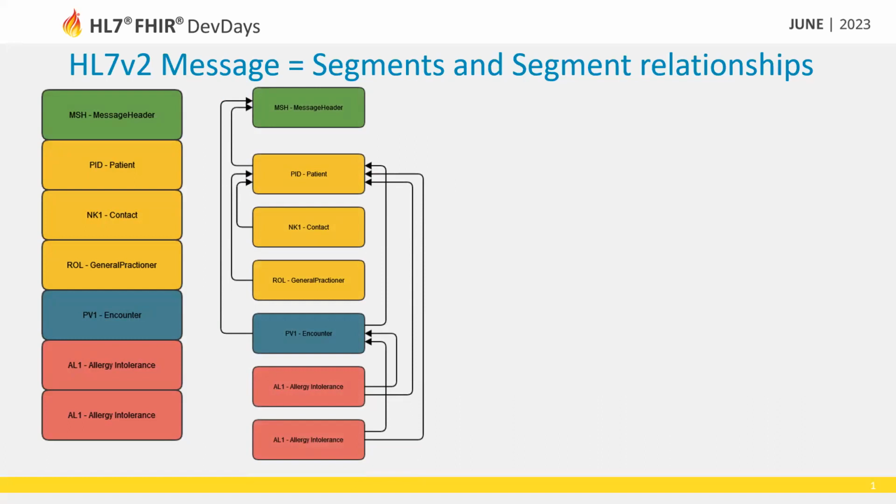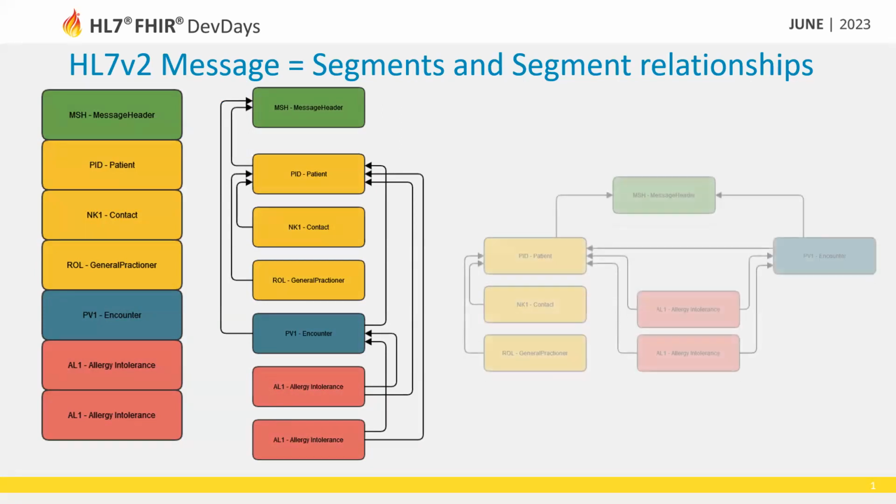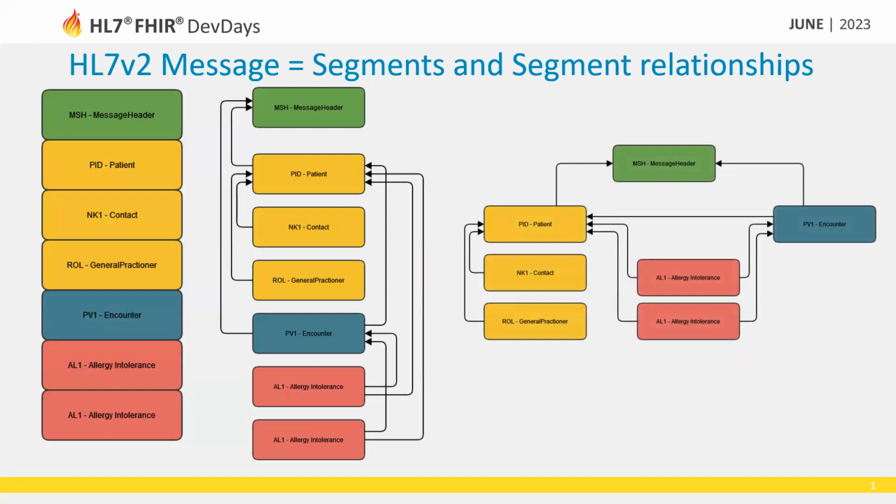So by the fact that in version 2 segments are positional, we have some implicit relationships between those segments. If we were to redraw that diagram again, now we're looking at a slightly different depiction, but again with the patient and the contact, then this starts to look a bit like a data model.